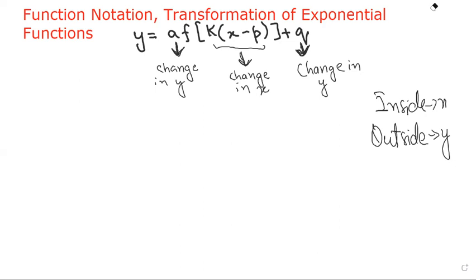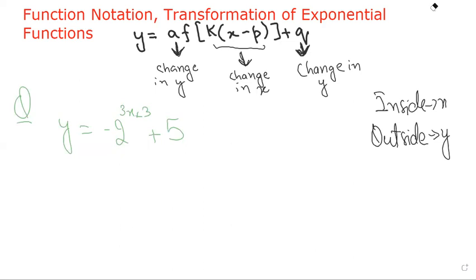Now let's suppose we have given a question, and let's say it's y equals negative 2 times 2 to the power 3x plus 3, plus 5. We have a question which is in an exponential form, and we have to transform it as well as we have to tell its notations. So how to explain it?